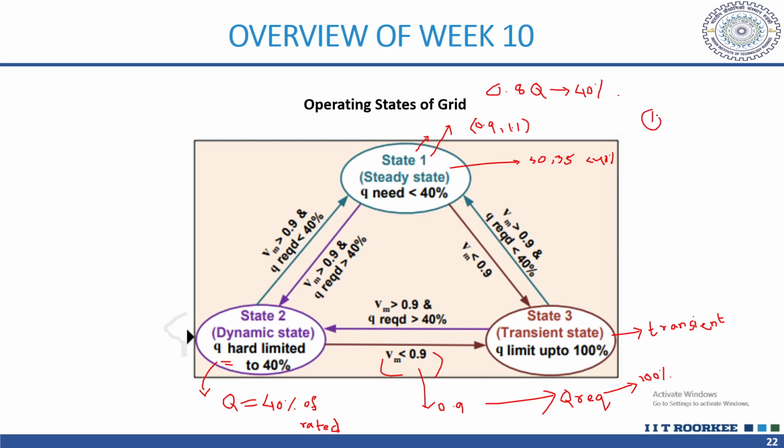State 1 is the normal steady state where Q is less than 40% and V is maintained. In state 2, some loads have been switched on, so voltage is maintained but the Q requirement has increased to 40%. In state 3, which happens in case of certain contingencies when the voltage is extremely low or extremely high, we want full Q support of 100% from all the resources to retrieve the system from this condition.